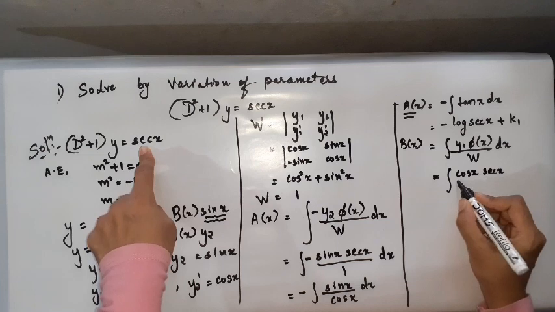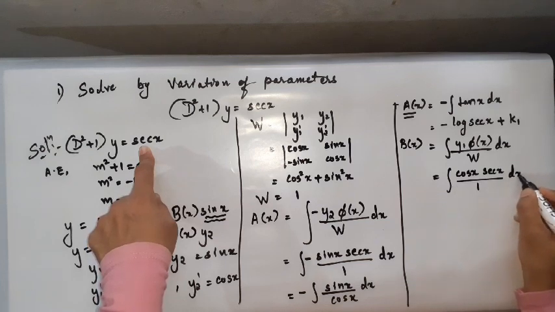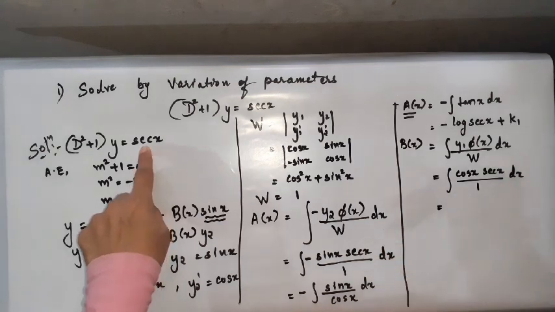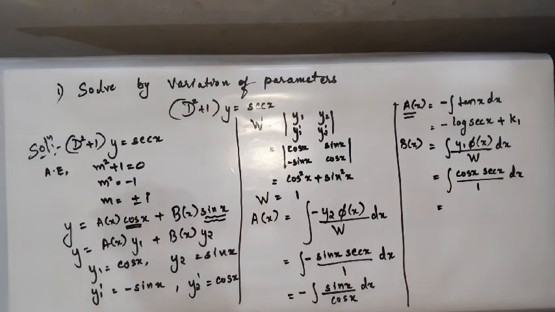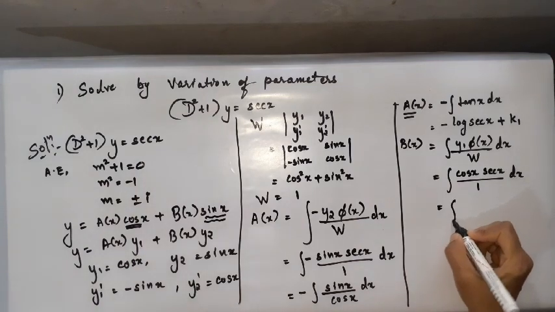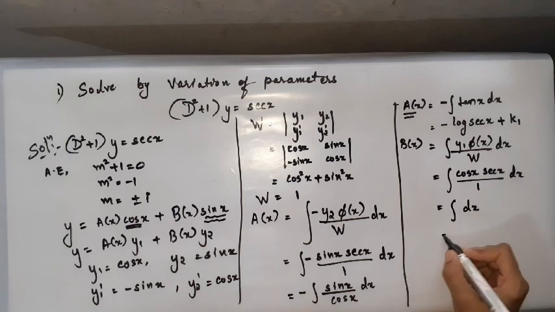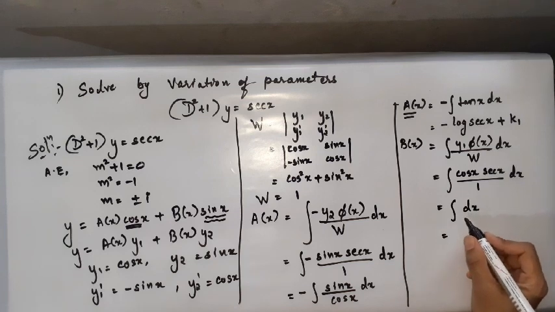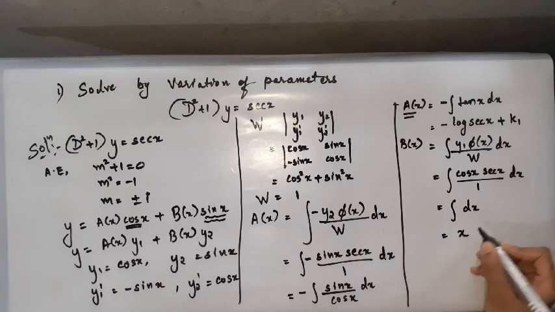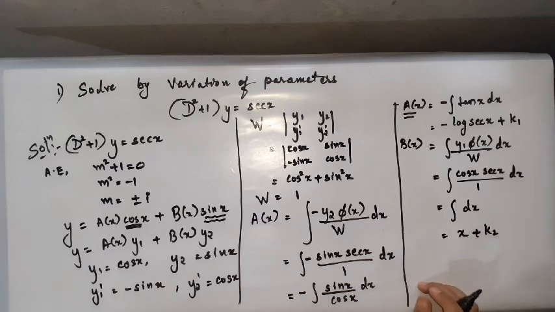What is W? 1, dx. Now everyone knows what cos x into secant x is. It is also 1. 1 divided by 1 is 1. So you simply have dx over here. When you further simplify, the integration of a constant with respect to x will be x plus some other constant k2. Already k1 is used, so k2.